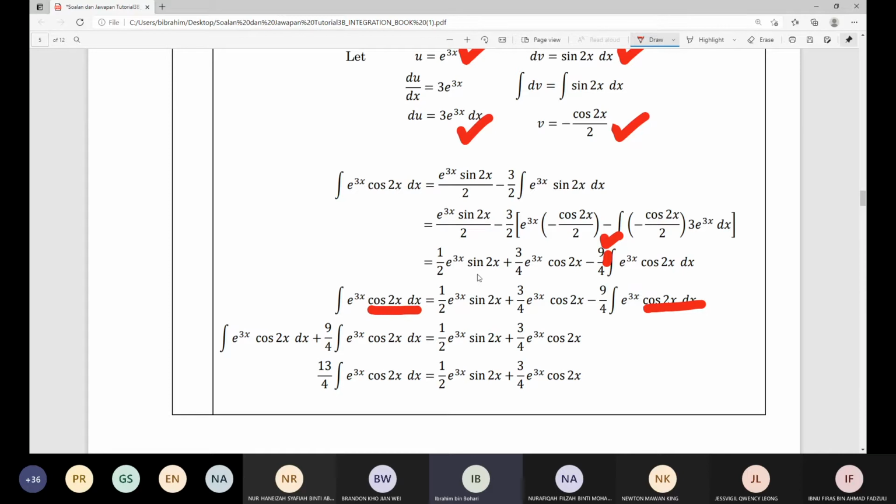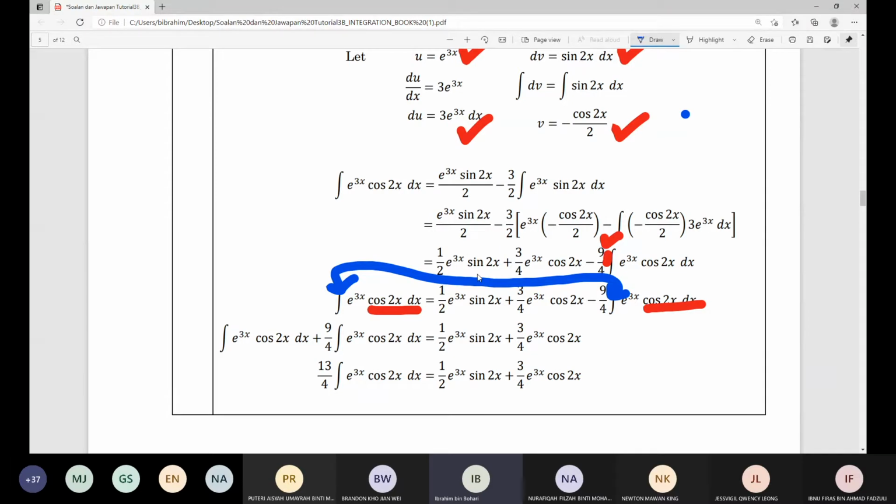The left-hand side here equals the integral of e to the 3x cos 2x dx. So this one you combine. I will show this. So this one is negative 9/4, and here equals 1.